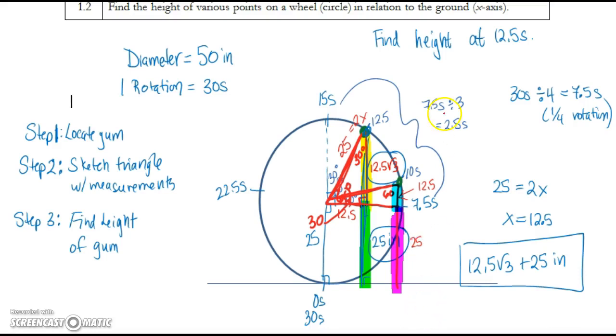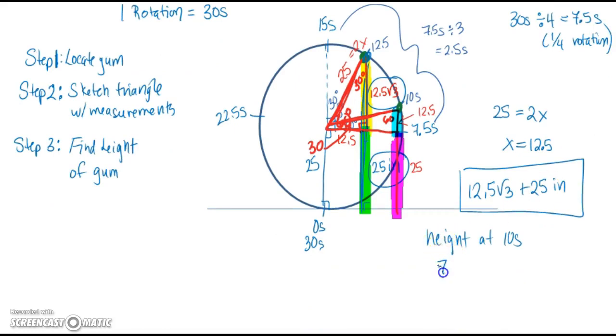And so the height at 10 seconds is going to be 12.5 plus 25. Now because neither of these have a root 3 attached, then we can actually add these numbers, and I believe we get 37.5 inches as the total height of the gum.